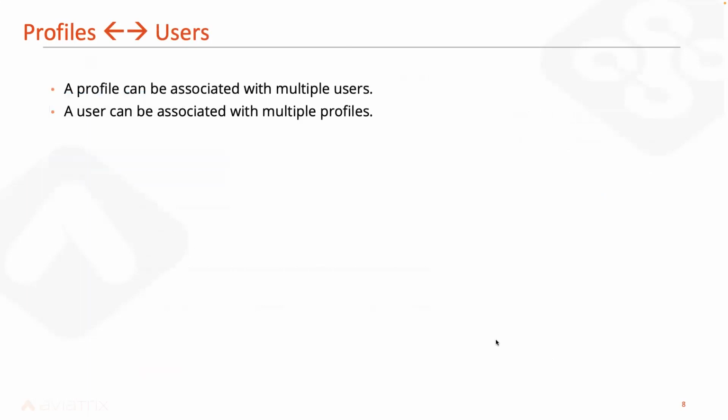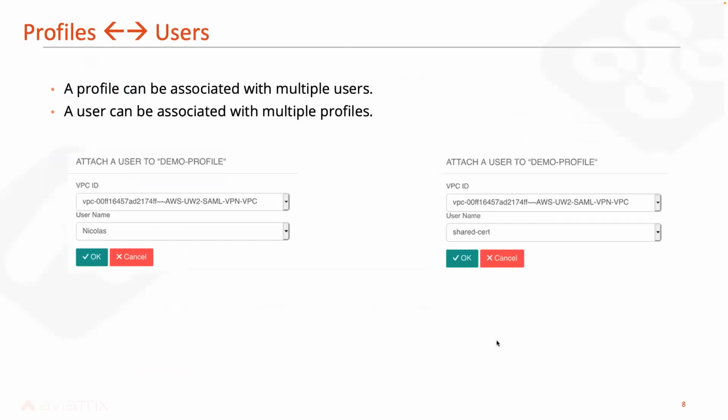So a profile can be associated with multiple users. That is very logical. So if you have a group of HR, you generally would expect that you will have multiple employees from the HR department or from the IT department. So it's very logical that the group will have multiple users within it.